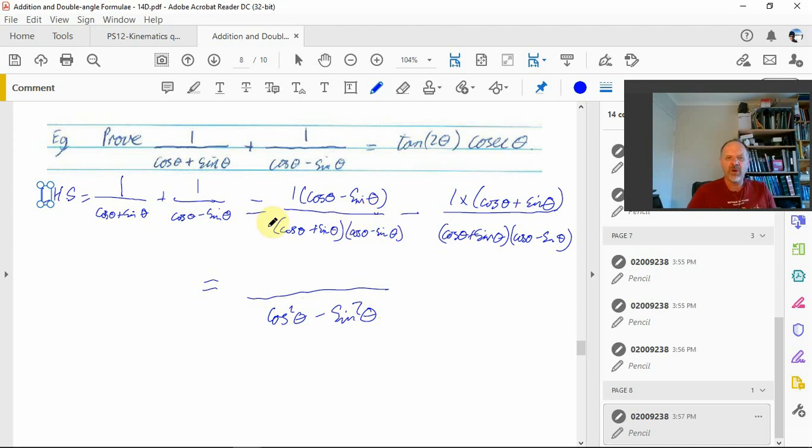And then on the top, what have we got? We've got cos theta minus sine theta. Then this subtraction, I'm taking away all of that stuff. So I'm taking away cos theta, and I'm also taking away sine theta.